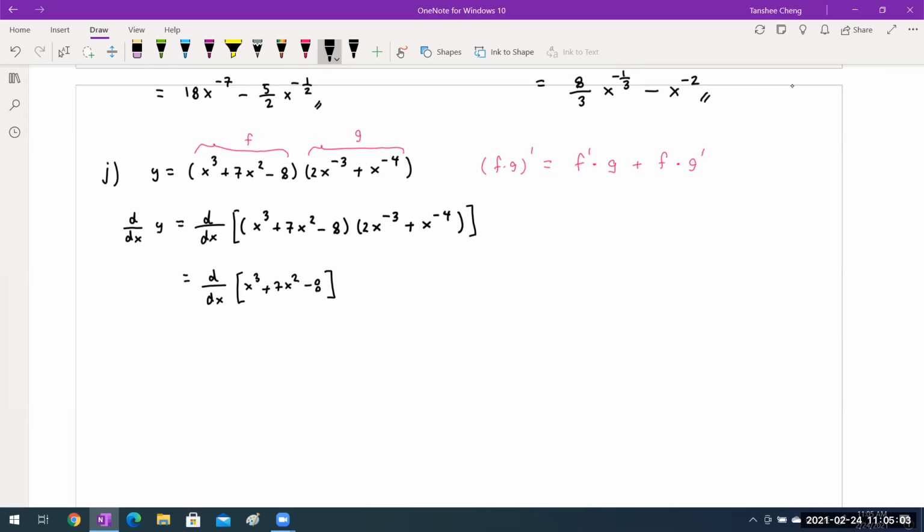And notice that I use brackets to indicate that this operation is times the second factor, right? 2x to the -3 power plus x to the -4, plus the first function x to the 3rd plus 7x squared minus 8 times the derivative of the second factor, which is 2x to the -3 plus x to the -4. So I'm using this f prime g plus f g prime.